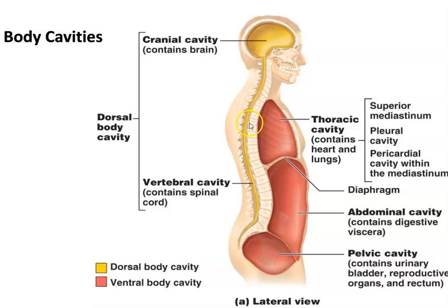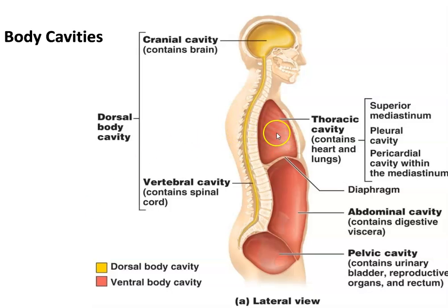The cranial cavity contains the brain and a fluid called cerebrospinal fluid. Next, you can see the vertebral or the spinal cavity, which is the area encased by the vertebrae. It contains the spinal cord and is also filled with cerebrospinal fluid.